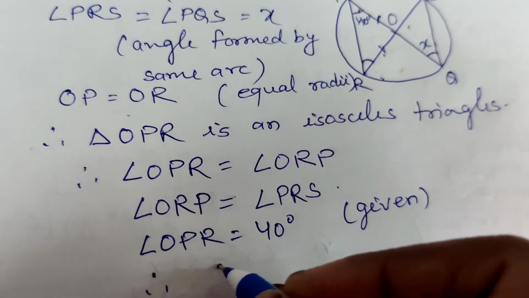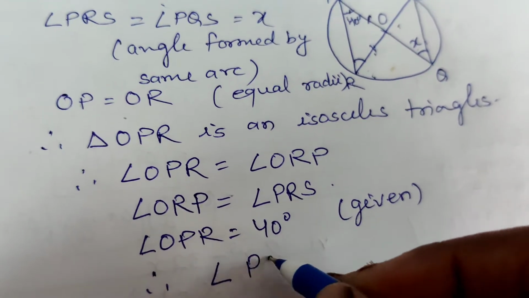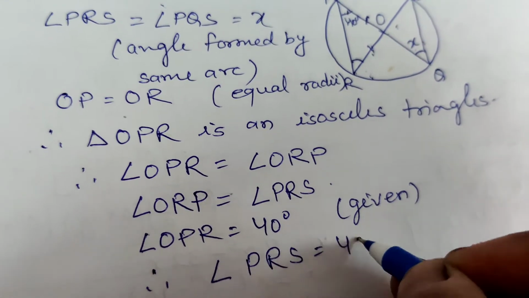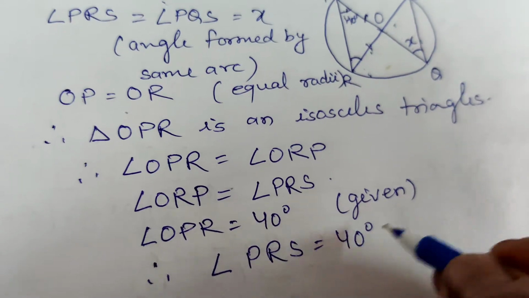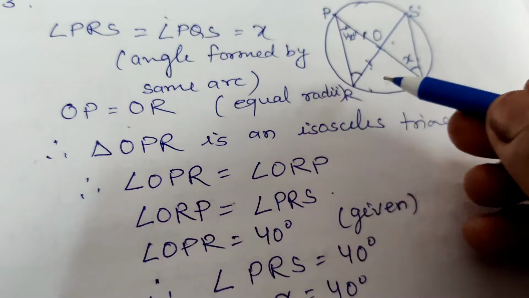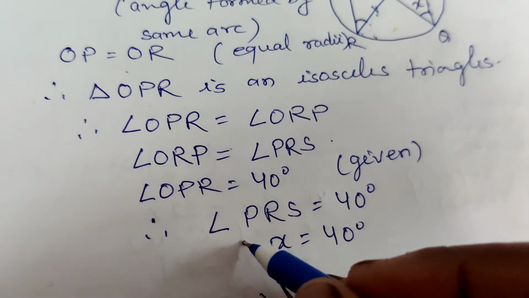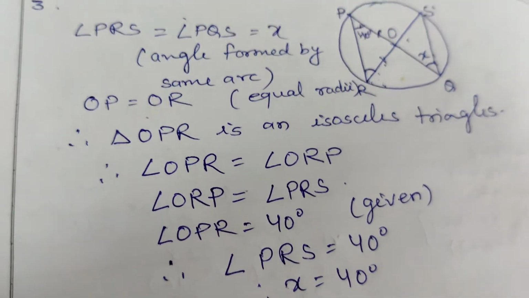Therefore, angle PRS equal to 40 degree. This means x equal to 40 degree. This angle equal to x, therefore x equal to 40 degree.